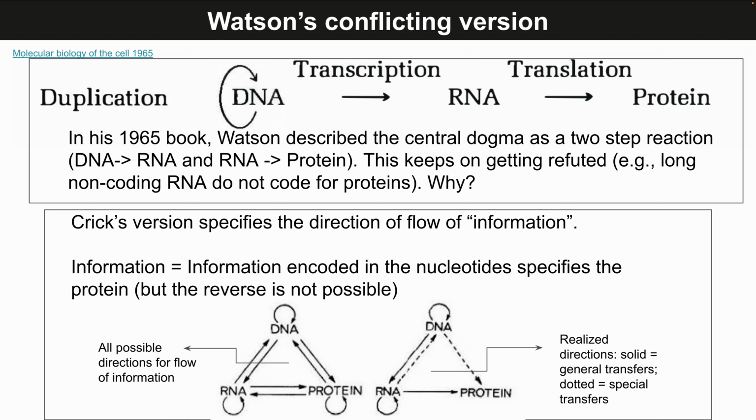The information here is the information encoded in the nucleotide, which specifies the protein. But what is not possible among all the different arrows? If you remember, this is your assignment 1. Among all the possible arrows, only some of them are realizable. What is realizable is, of course, DNA can go to DNA, DNA can go to protein, RNA can go to protein, but once your information flows here, it cannot go back.